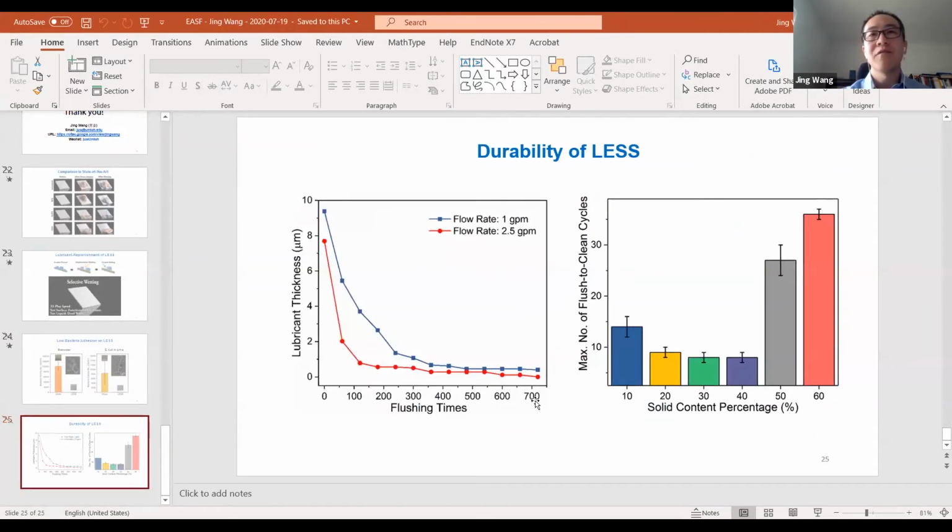So if we only flush the toilet, we can stand more than 500 flushes without losing all the lubrication. But if we have the viscoelastic solid impact and then clean out the waste, we can generally have like 10 times.